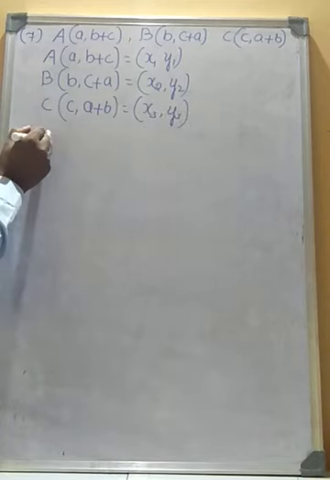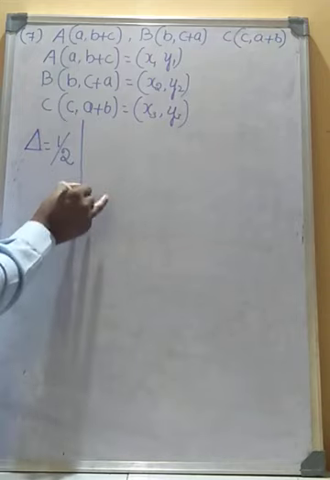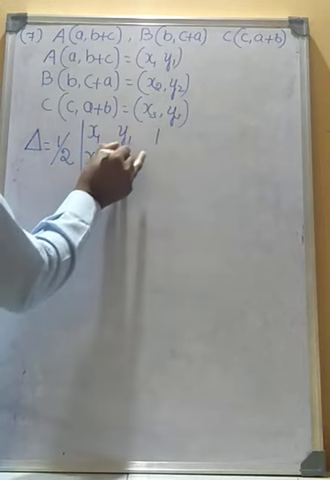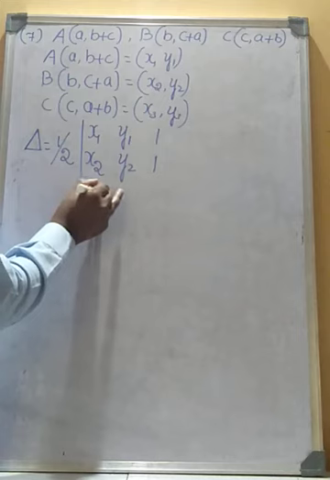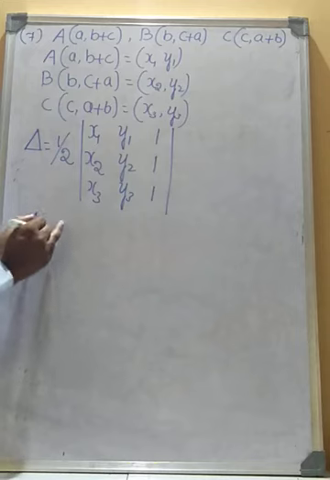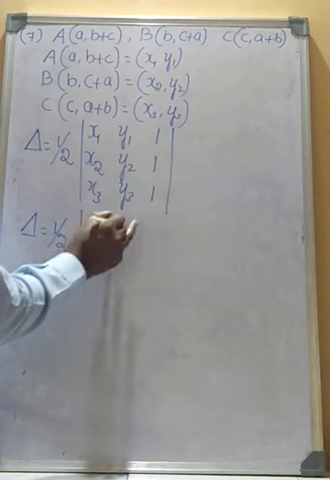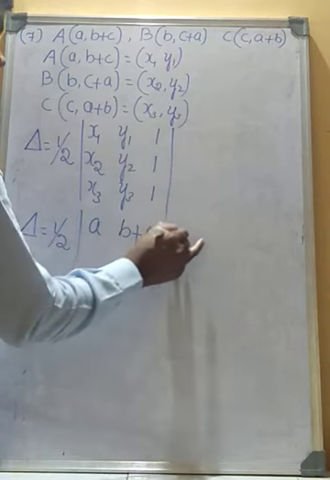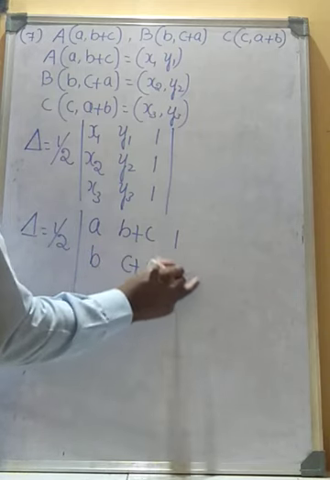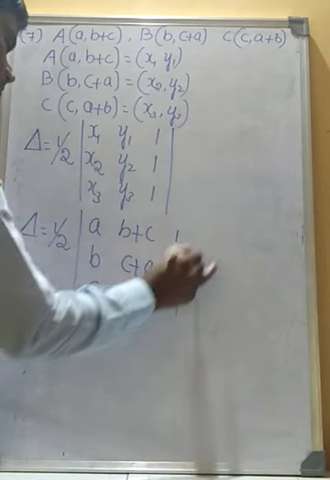So the area of the triangle is given by delta equal to half into determinant of x1 y1 1, x2 y2 1, x3 y3 1. Therefore delta is equal to half into determinant of a, b plus c, 1; b, c plus a, 1; c, a plus b, 1.